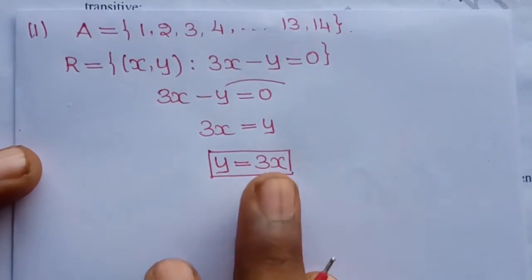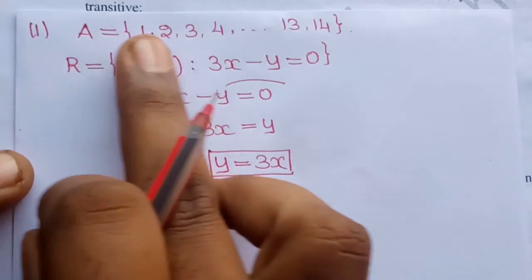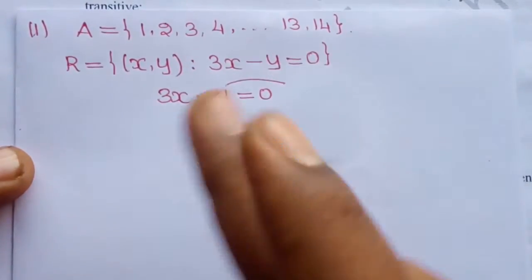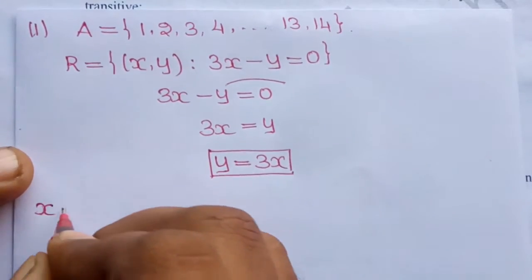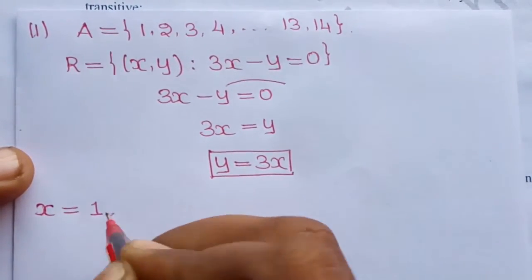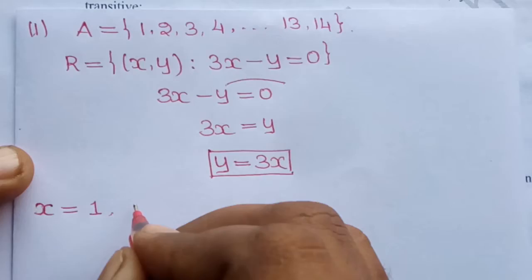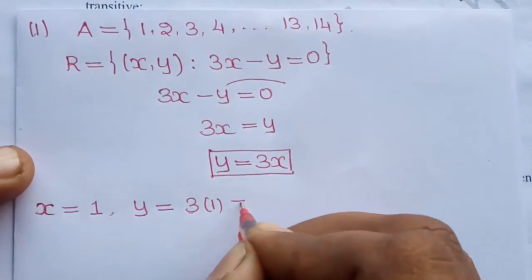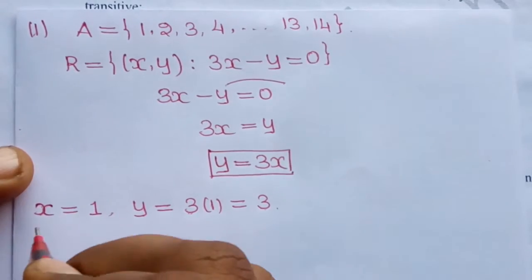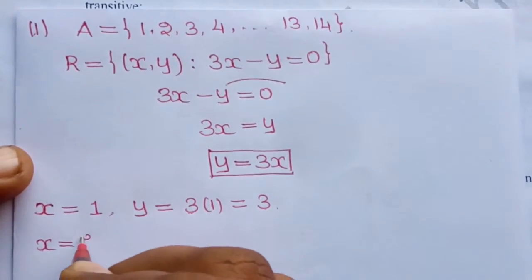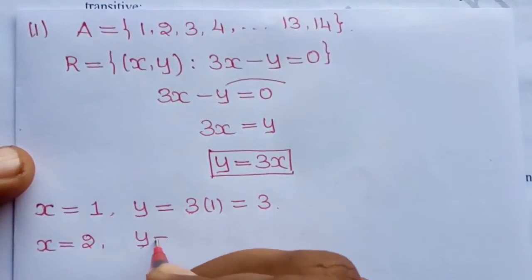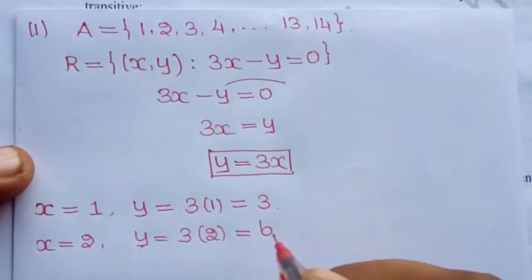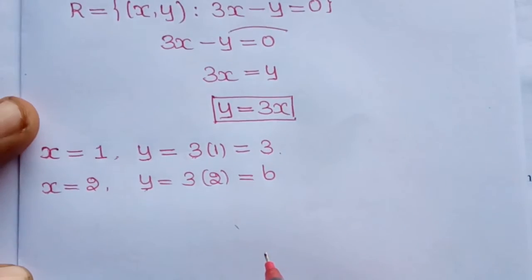Using this condition, we want to write the elements of R. These are the x values as well as the y values. When x is equal to 1, what about the y value? 3 into 1 is equal to 3. When x is equal to 2, y is 3 into 2, which is equal to 6. 6 is also in our set.